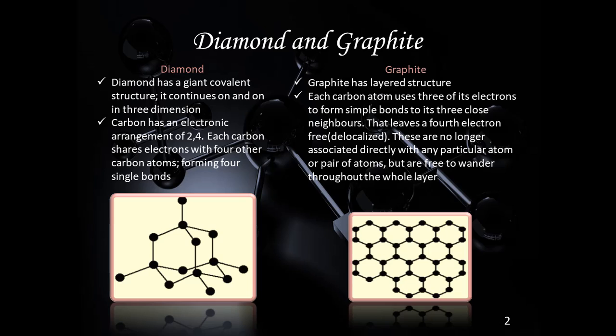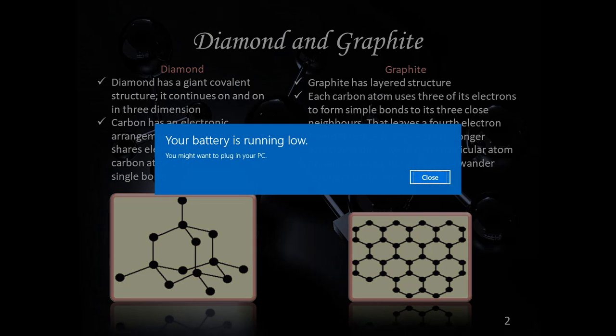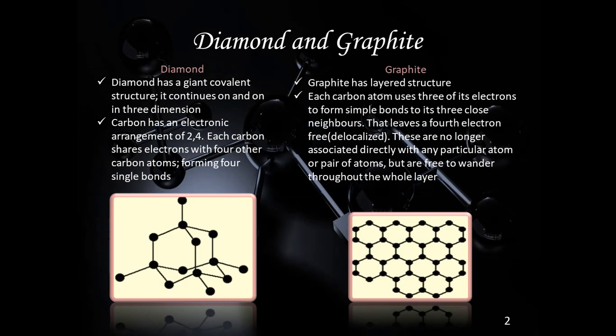Another use of diamond is in jewelry, because it is translucent and shiny. On the other side, graphite is opaque and not shiny, but because it has delocalized electrons, it can be used as a conductor.